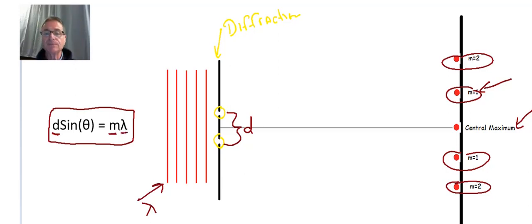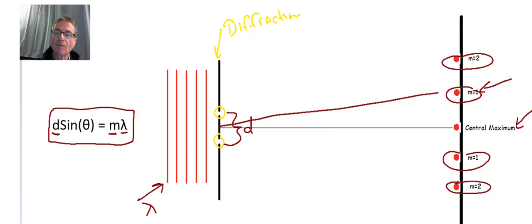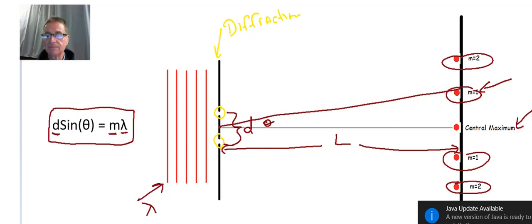Now, what is theta? Well, theta for our purposes is, let's see if I can draw this well here. If I were to draw a triangle here, right, so I have a line from here out to m equals 1, and I have a length L here, which is the distance from my diffraction grating to the screen, then theta is this angle right in here.